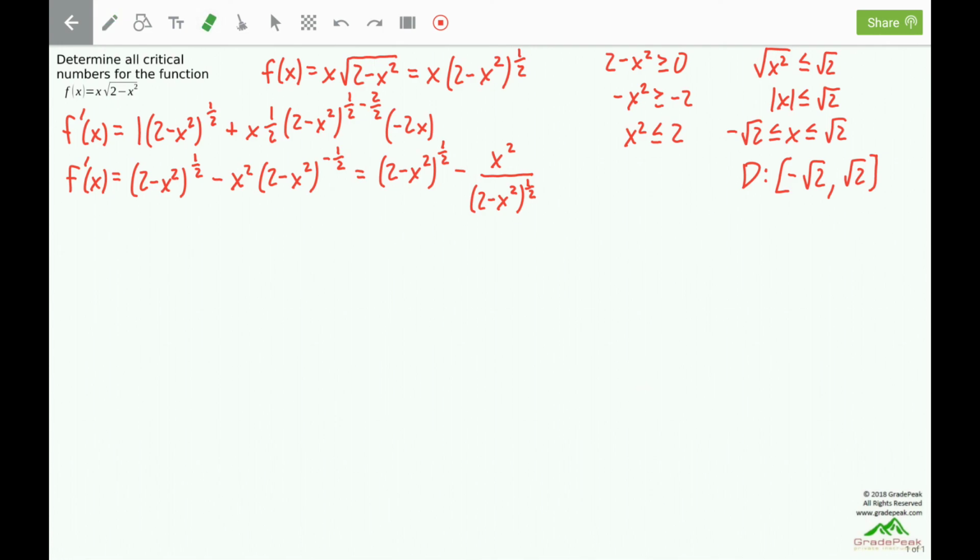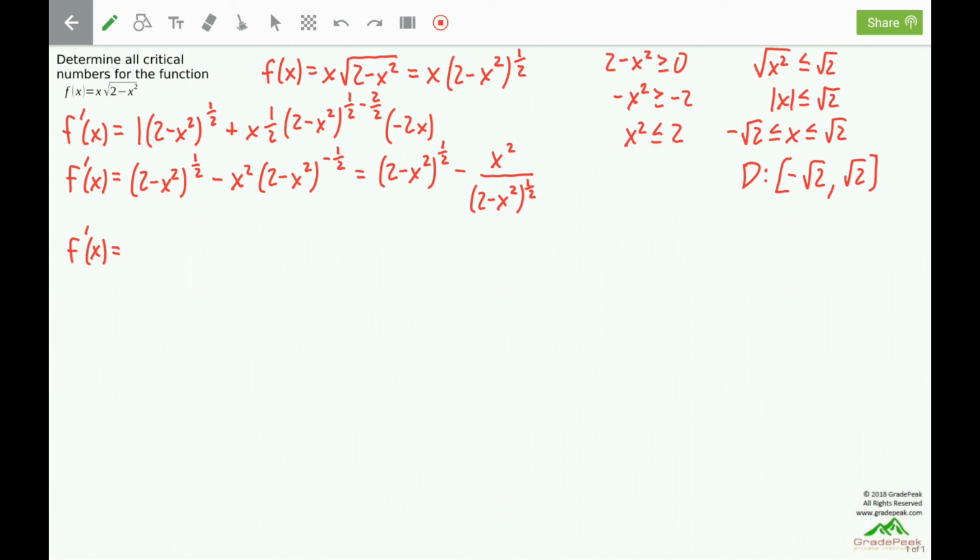As soon as one or more terms in a derivative end up with a denominator, all terms will have to be put over a common denominator. To find critical numbers, we have to have a single fraction. So we need a common denominator here. The first term has a denominator of a 1.